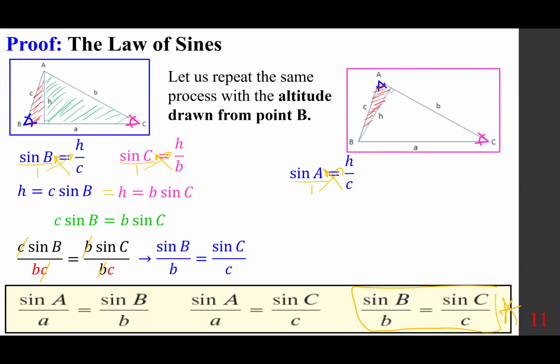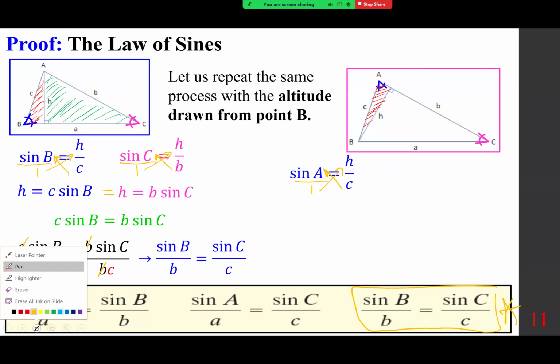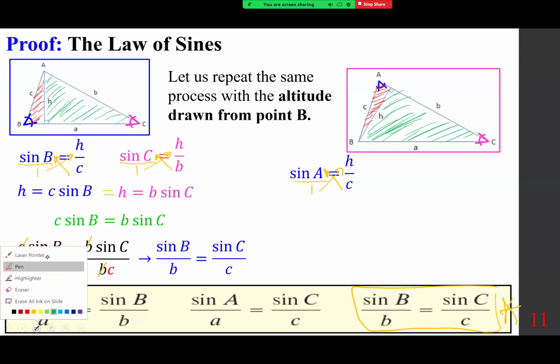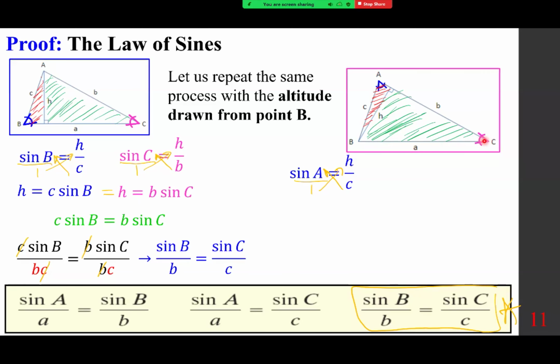Let's look at this one. Again, a right triangle. And for this angle, the opposite is this, and the hypotenuse is opposite the 90 degrees, which is a. So sine of C is h over a.